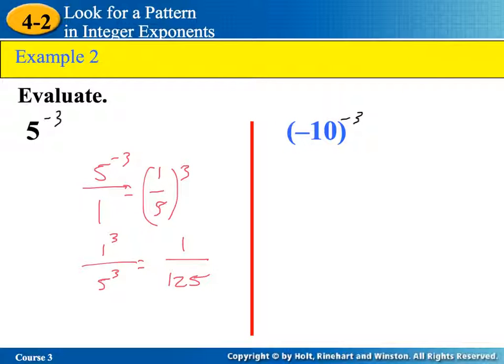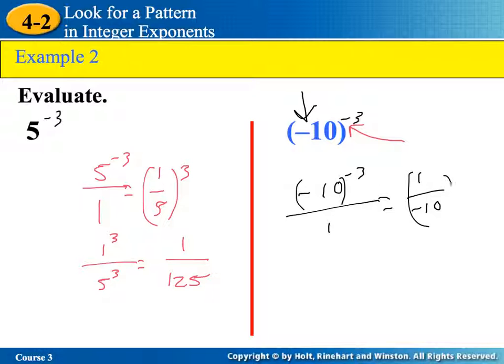So this big negative sign doesn't change if it goes into a fraction or not. This exponent negative sign does. So again, it's negative 10 to the negative third. Notice those parentheses, all over 1. The reciprocal is 1 over negative 10 to the positive third power. Why is it to the positive third power? Because we changed the exponents.